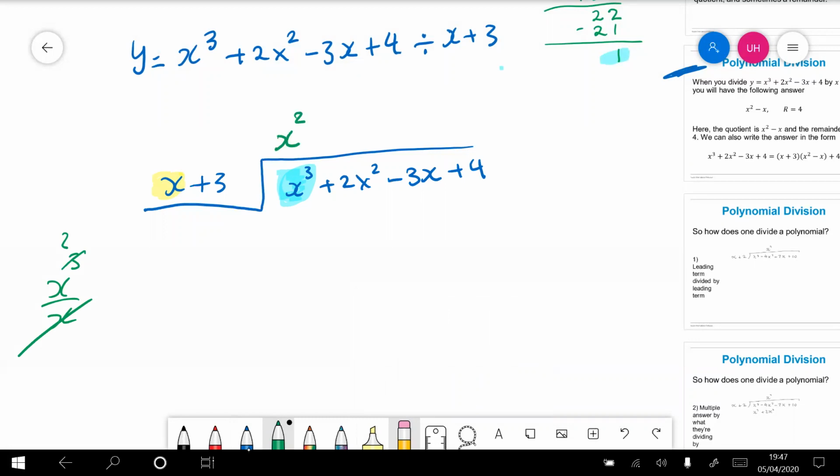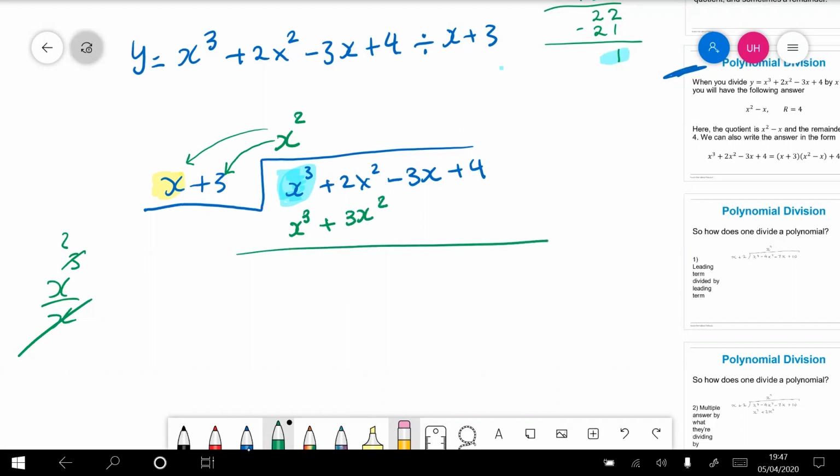Now x squared times x is x cubed, plus 3 times x squared, that's 3x squared.